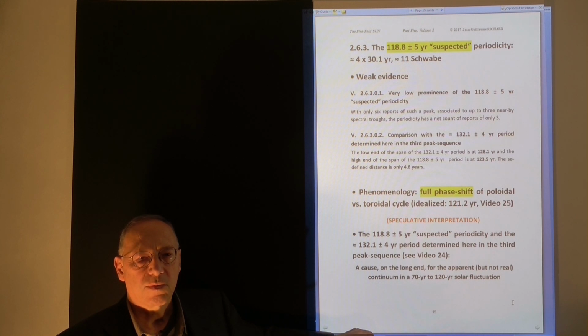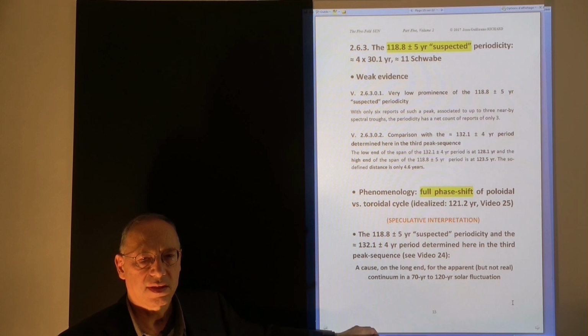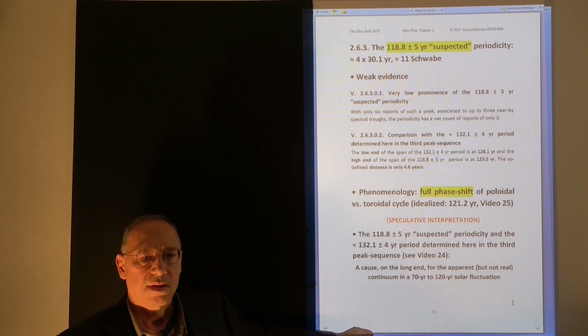And we see from the presence of these 2 nearby suspected or detected oscillations something which might explain that many investigators propose to detect a long variation band beyond the 80-year Gleisberg cycle up to 120 or 130 years.